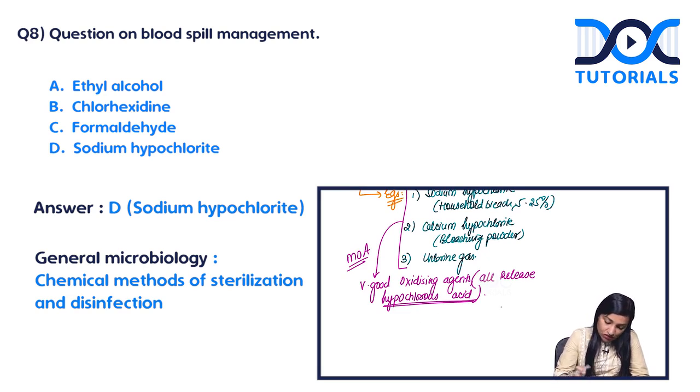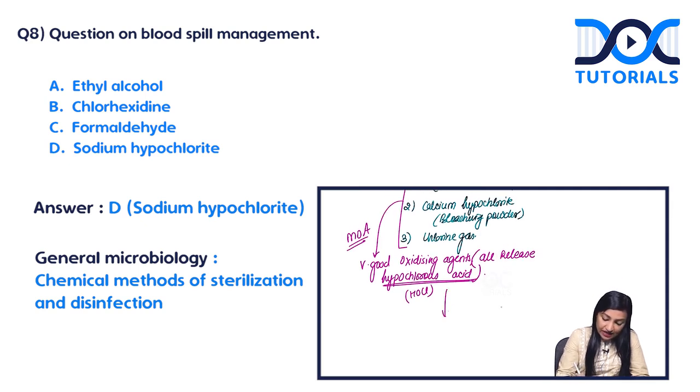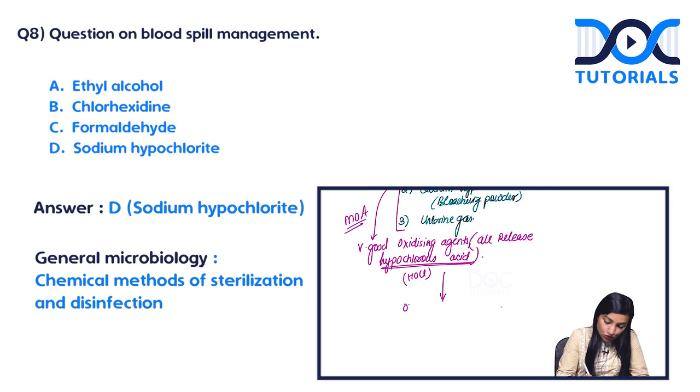Okay, so because they are very good oxidizing agents, they are going to carry out oxidation of cellular material and destroy most of the vegetative bacteria and fungi.